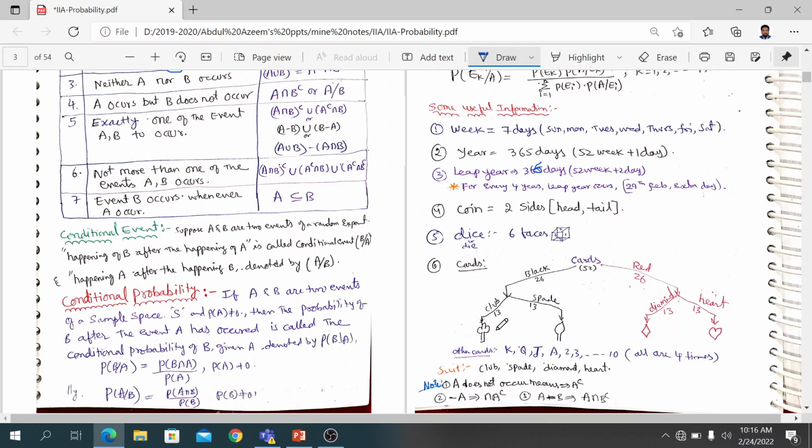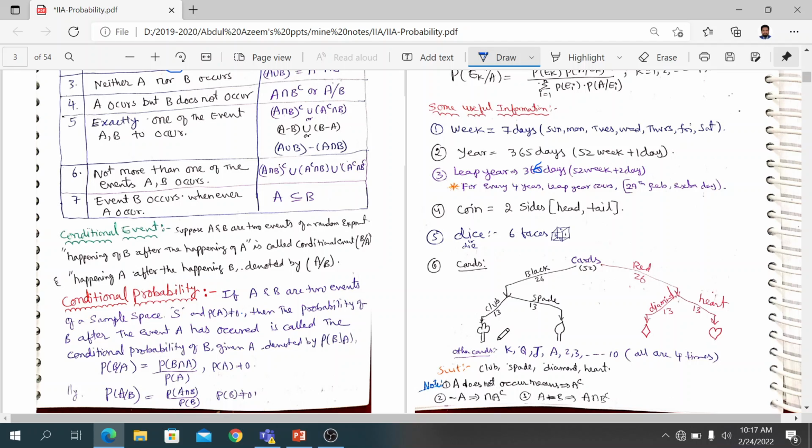Next, other cards are king K, queen Q, jack J, ace A, and 2, 3, 4 up to 10. Number 1 is not there. All are of 4 types.